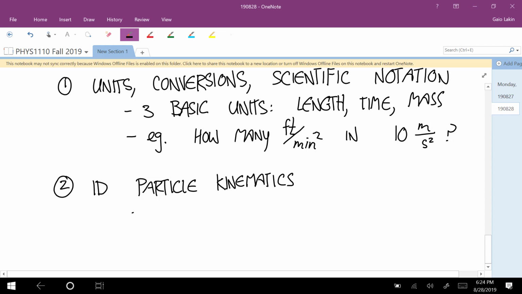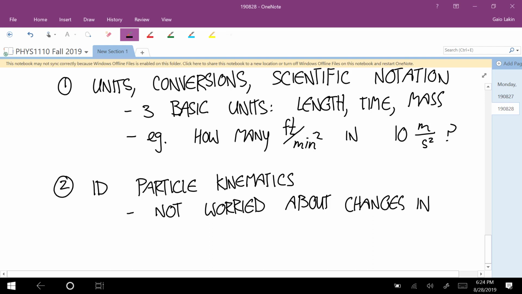So particle means essentially that we're not worried about changes in orientation.